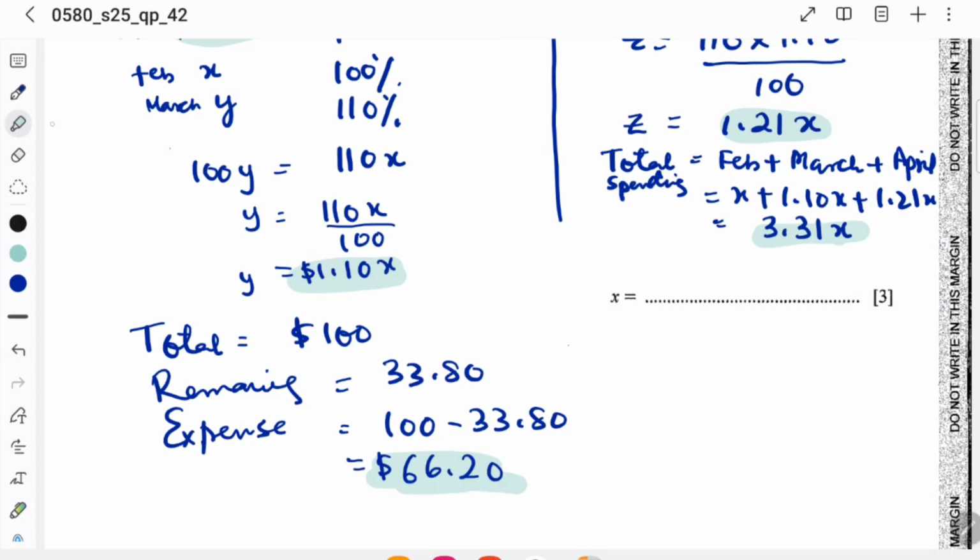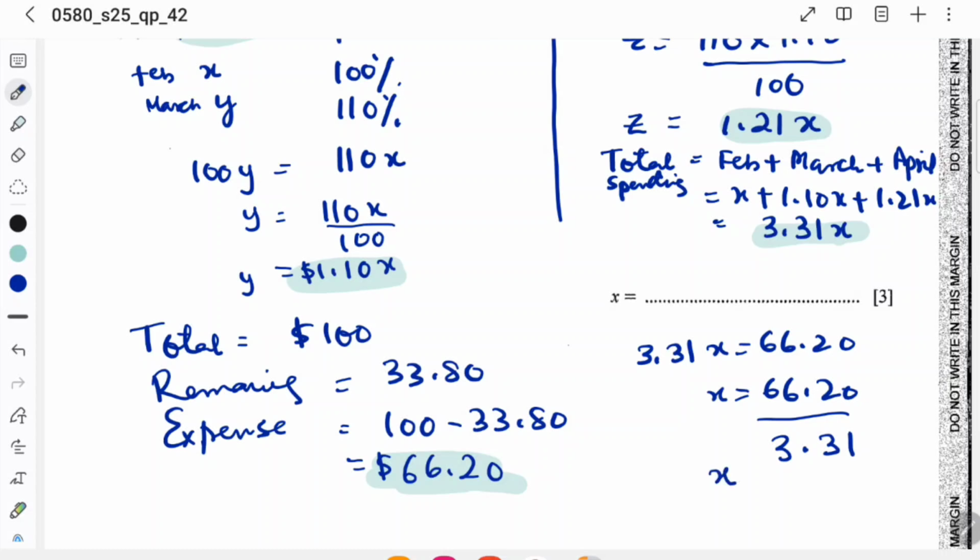So we'll write down that 3.31x equals 66.20, and x equals 66.20 divided by 3.31. Then calculate.